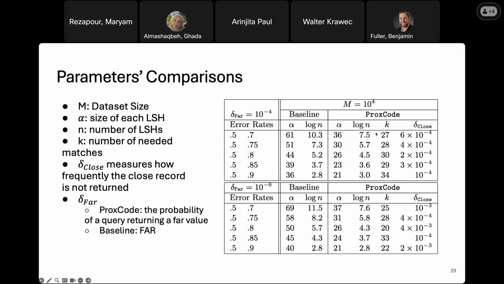Why is N an important parameter for the system? Because for reasonable accuracy, we wanted to see how many LSHs we need, and N makes the construction run faster. N determines the size of the map or the multi-map. Yes, so bringing N down makes you use a smaller one.